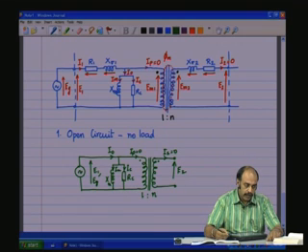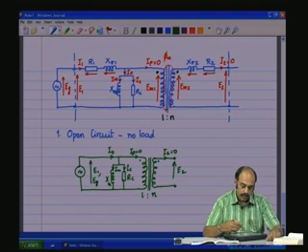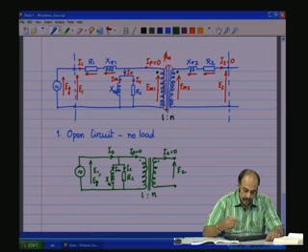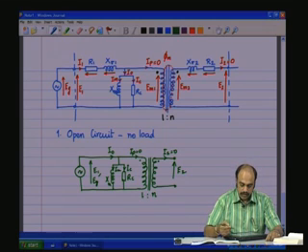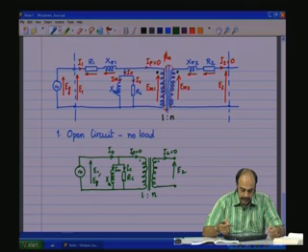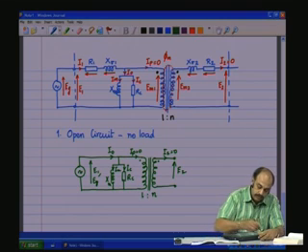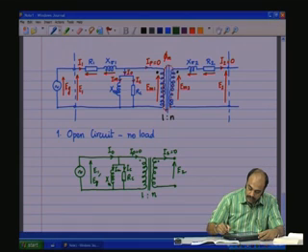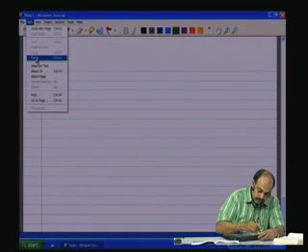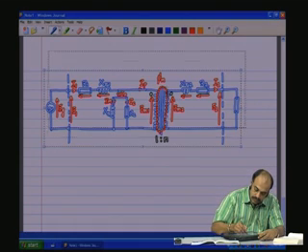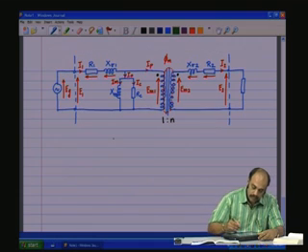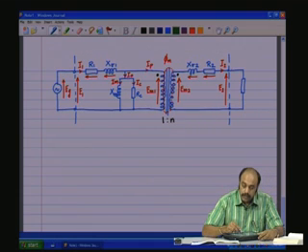Now, if you look at the condition under load, there is going to be I2 flowing, that is under full load condition. So, if you look at the full load condition, let us go to the next page. I2 is going to flow through it, the full rated I2.